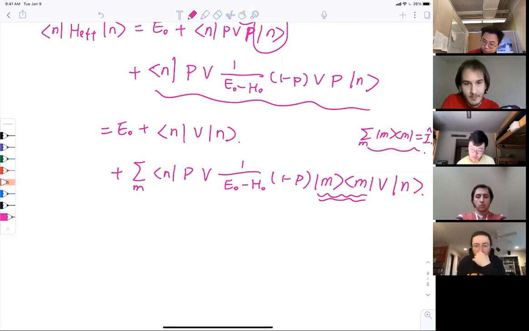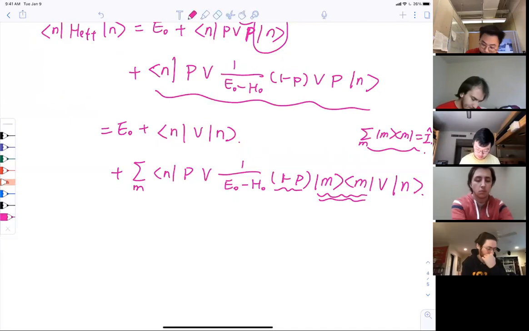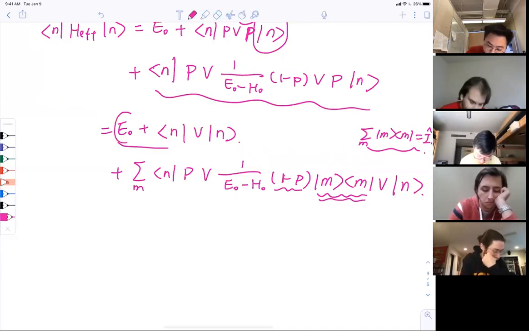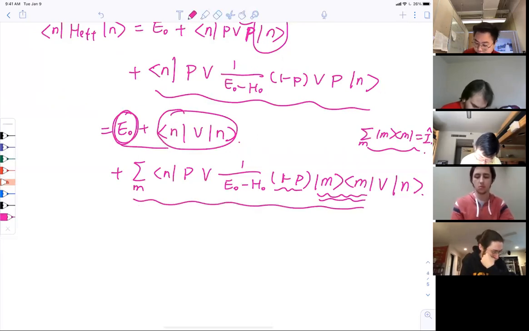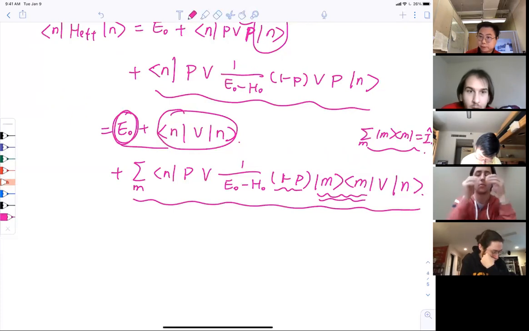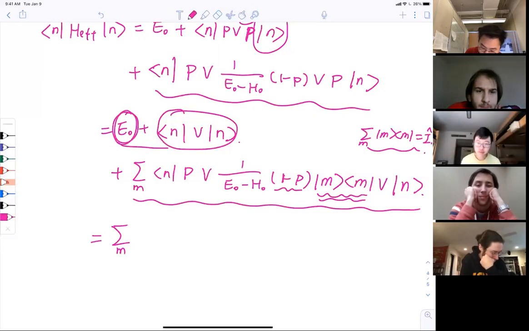By the way, this 1 minus P just projects your state outside the space we care about, right? By the way, this is the zeroth order. This is nothing but the first order perturbation. Now we want to say this guy is nothing but the second order perturbation. To see that, this P acts on n trivially.